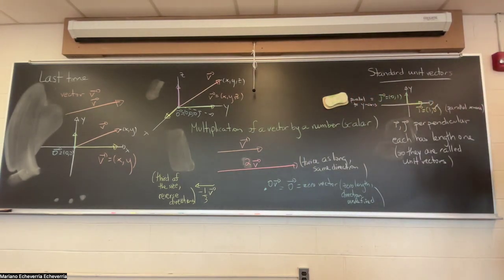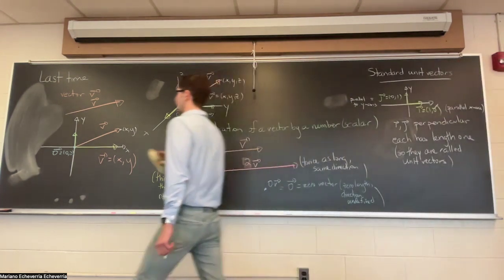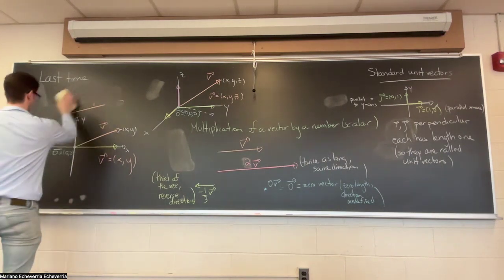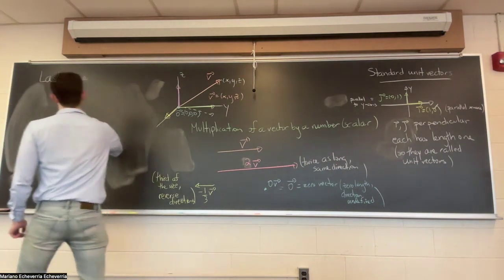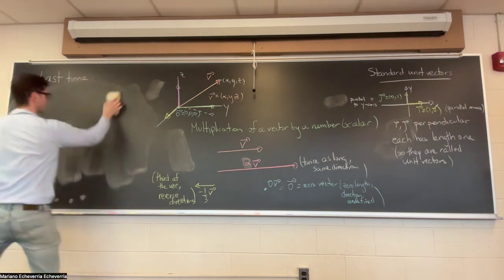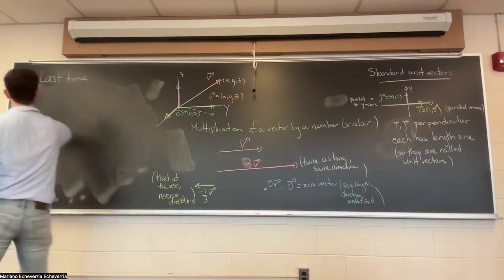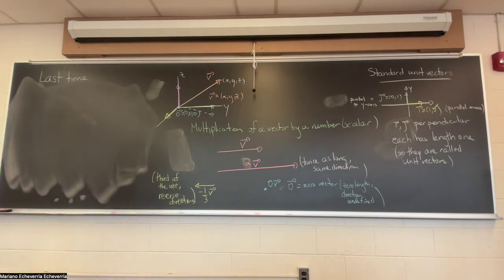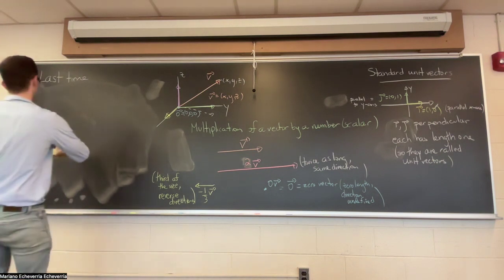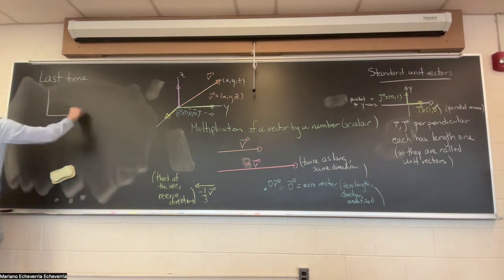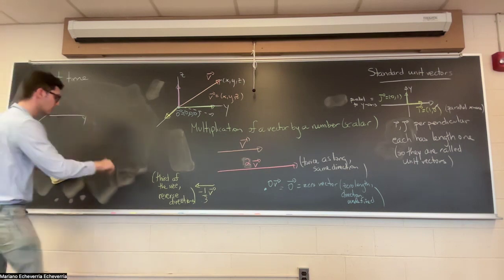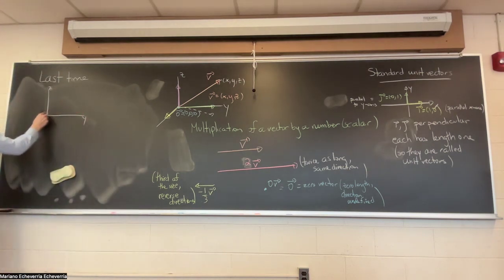Okay, and then there's a version of these for the case when the vector has 3 entries, and those are the two cases that we'll focus on the most in this class. When the vectors have 3 entries, you have the same situation as before. You have the vector i, it's just that now the vector i goes from the origin to (1, 0, 0).